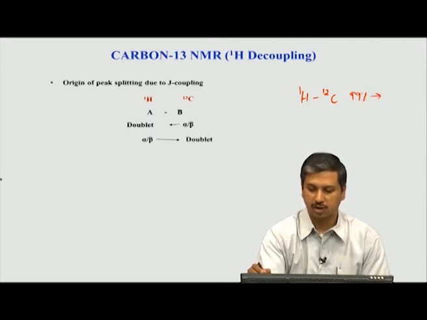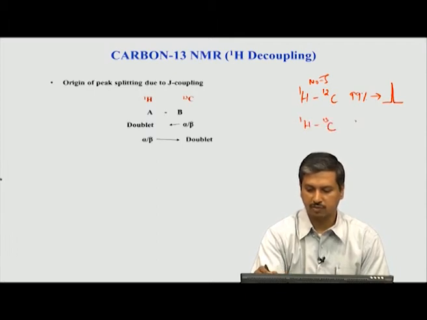Therefore, it will give a singlet. Why? There is no J coupling here. But for 1% of the molecules this proton is attached to C13. So, this will be a doublet because of J coupling.